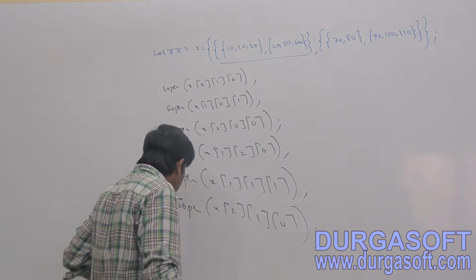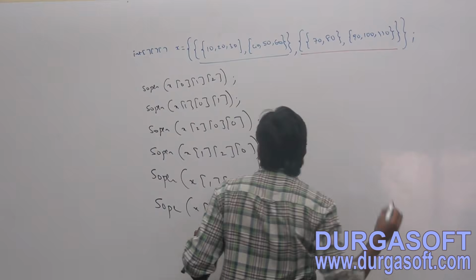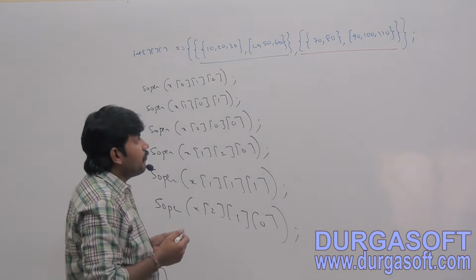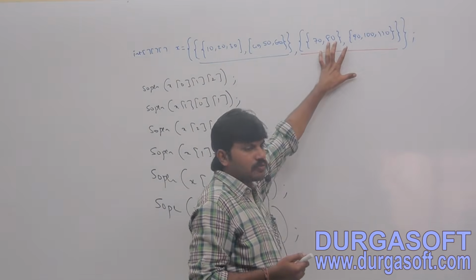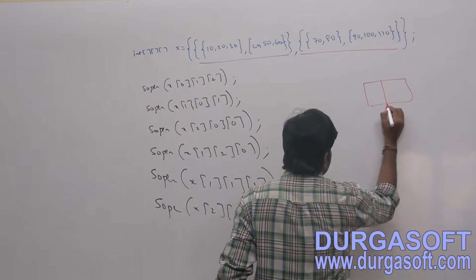Let me convert. Sir, can you tell what is the dimension of this array? 3 dimension, 3 curly braces, 3 dimension. What is the base size? 2. First 2-dimensional array, second 2-dimensional array. That's why base size is 2.